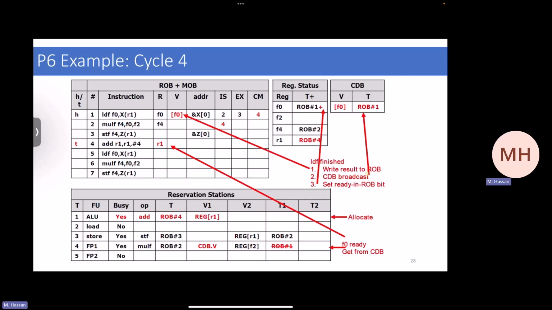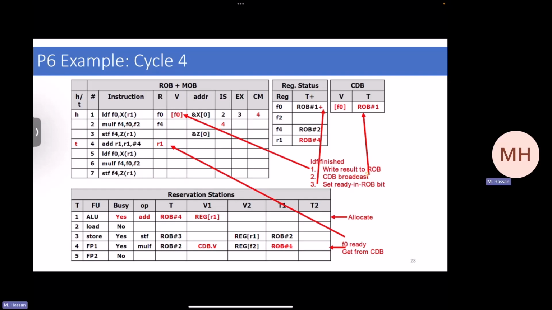Also at cycle 5, I started executing the multiplication. The store is still waiting for the multiplication. For the addition, I issue it because R1 is ready, available. And then I'm also dispatching the load instruction. The load instruction is going to write into F0. It needs R1, but R1 is going to be written by the add instruction here.